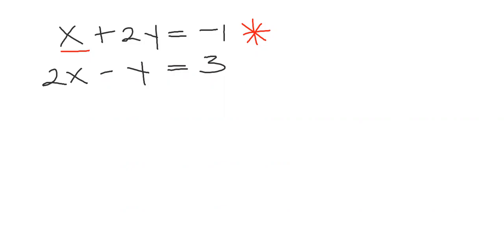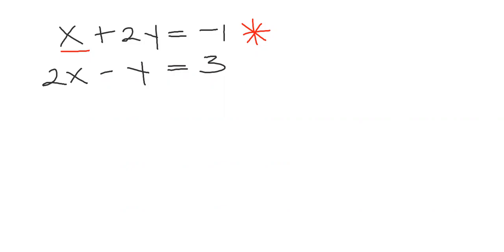It's easier to take that term, make it the subject of the formula and substitute it into the other equation. So try by all means, if you find a coefficient of 1 somewhere in your equations, pick that equation and make that variable the subject of the formula.